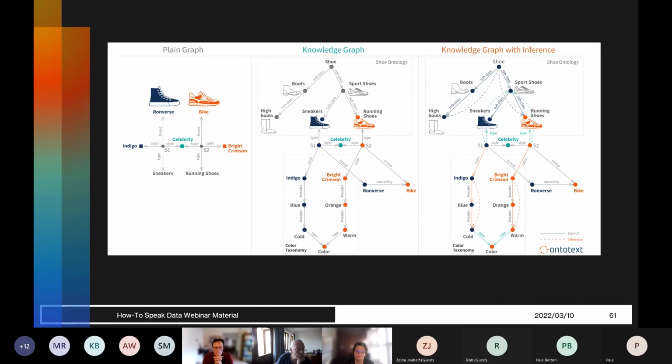Now, yes, we saw indigo there the last time, and there would be tacit knowledge of the hierarchy going to blue, cold, or orange and warm, and also to the fact that this is a sports shoe or a high boot or whatever it is, and how these relate.